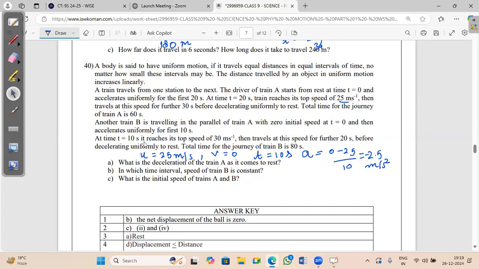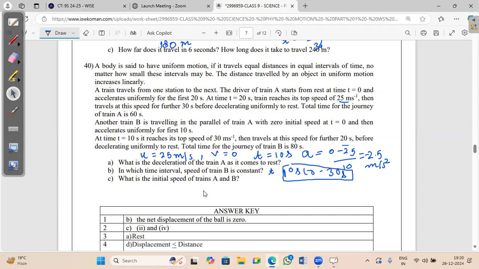Train B reaches its top speed of 30 meters per second at time t equals 10 seconds. Then it travels for a further 20 seconds before decelerating. So after 10 seconds, it travels another 20 seconds with the same speed. So the time interval is 10 seconds to 30 seconds.